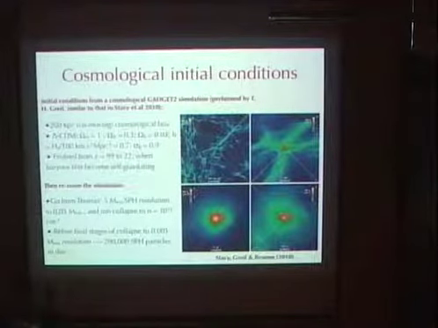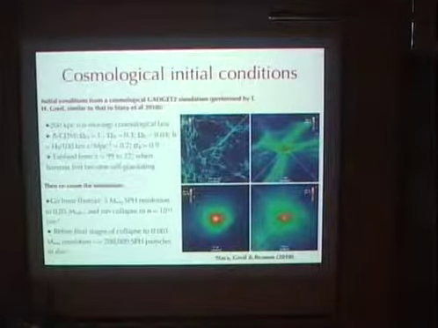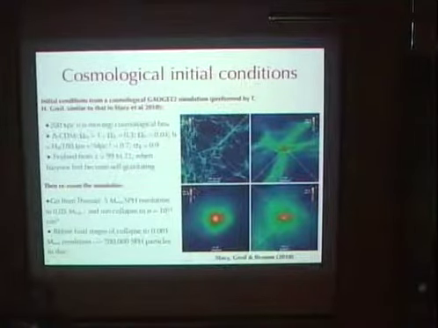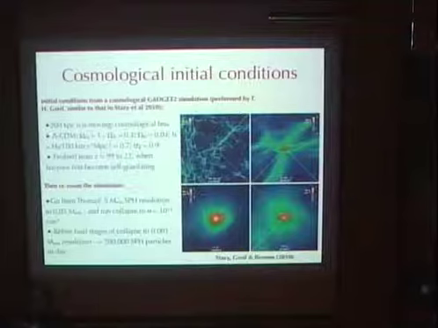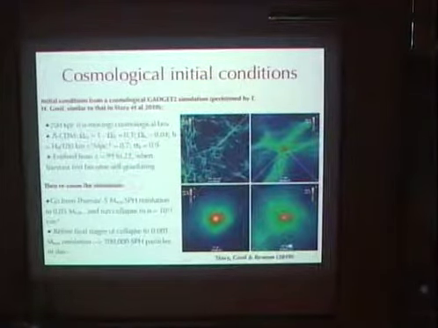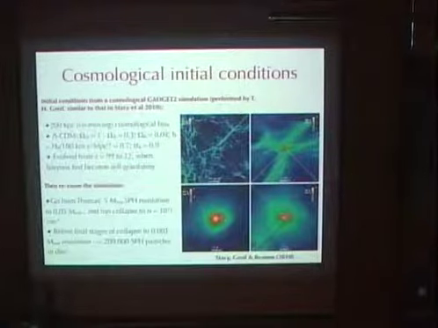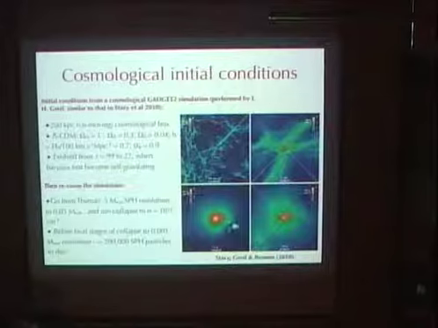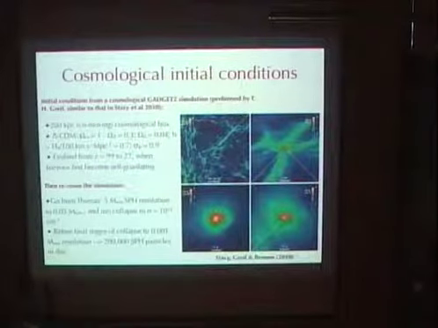So I'm going to start by talking about some work that we published recently in Science. The basic idea of this simulation: we start with cosmological initial conditions with relatively high mass resolution. Then we take the final output of this cosmological simulation on the smallest scale on which we still have resolution.